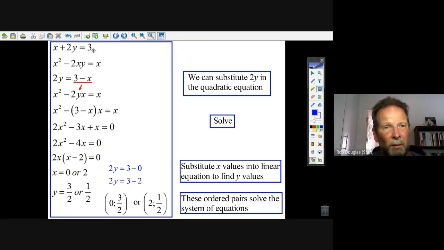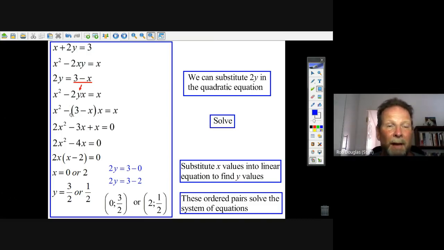Now, the trick to this question is to see, hey, there's a 2y, and there's a minus 2y, like that. So if I change this equation into 2y equals 3 minus x, and I rearrange this a little bit, make it minus 2y times x, then I can see, hey, if I know that 2y is equal to 3 minus x, instead of 2y, I can substitute in 3 minus x.